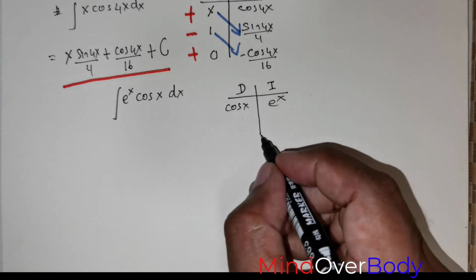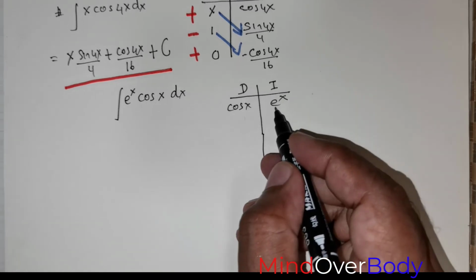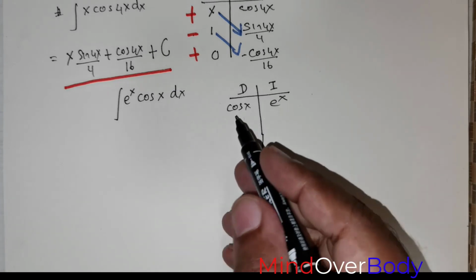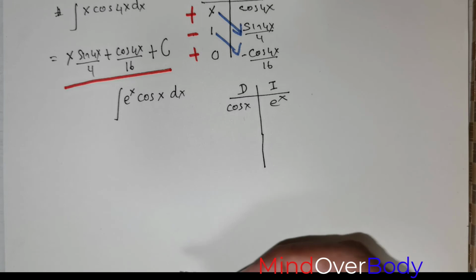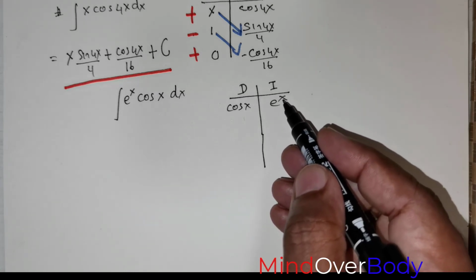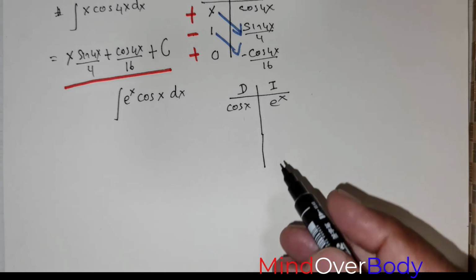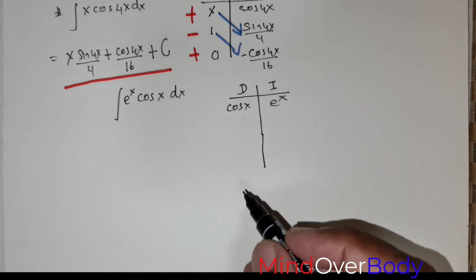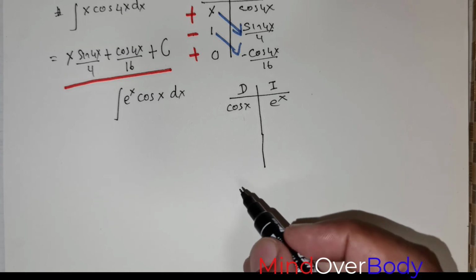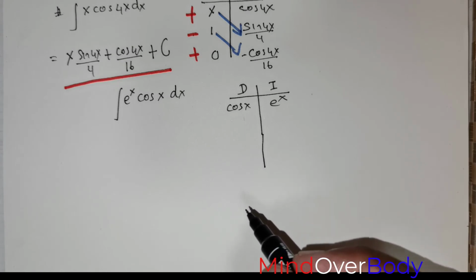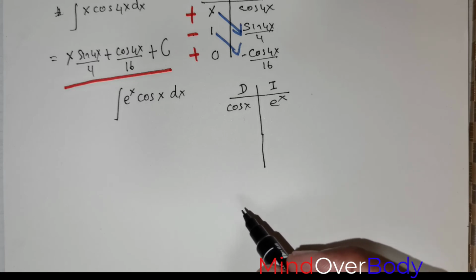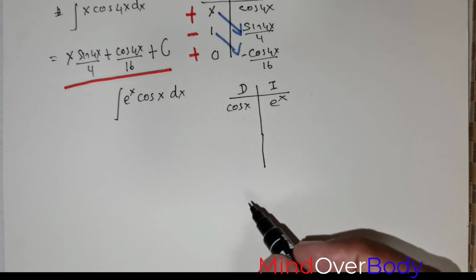Now it is imperative to understand that this differentiation of cos x is not going to be terminating at all. In other words, I would be alternating between cos and sin. And this integration is also not going to be terminating at all. So what are we to do to achieve the solution? Simple. Catch the pattern which is recurring. In other words, you have to look for the pattern that is repeating itself.